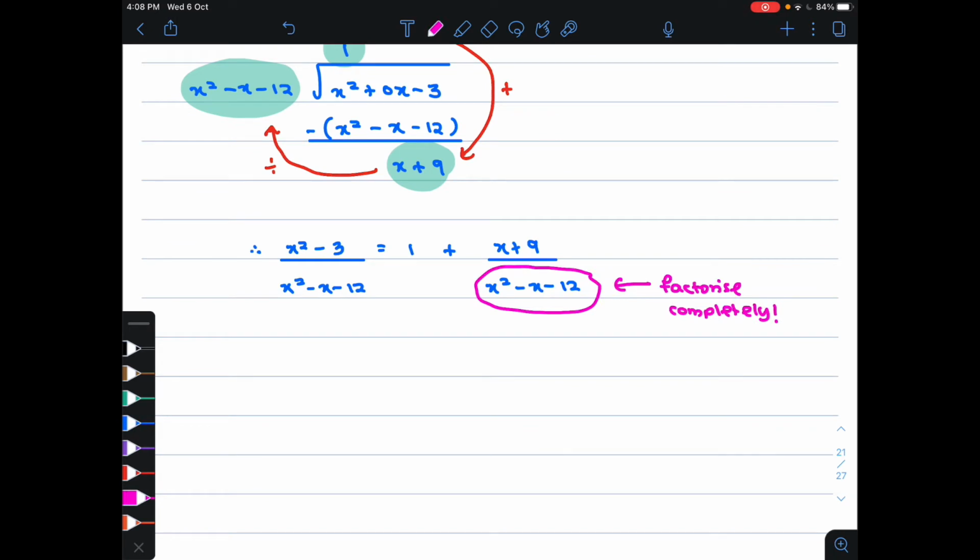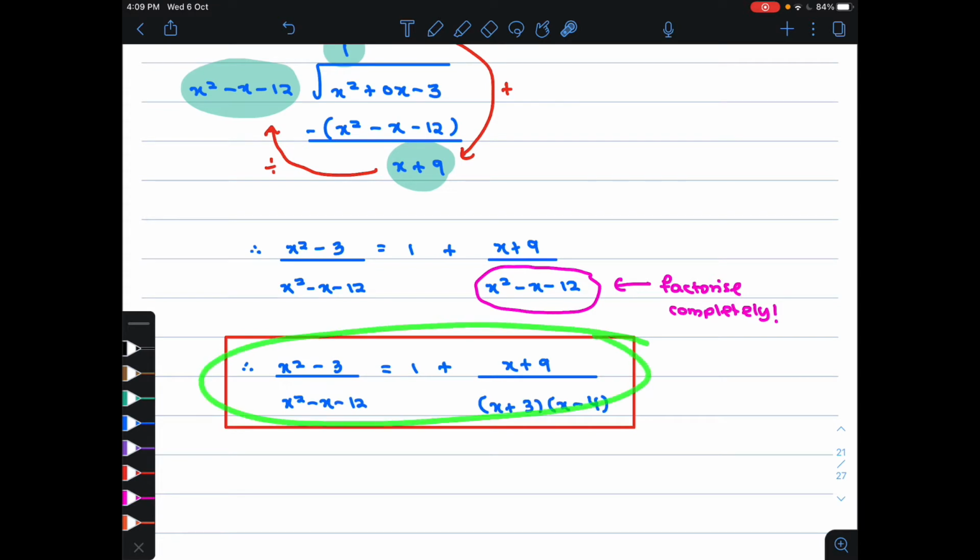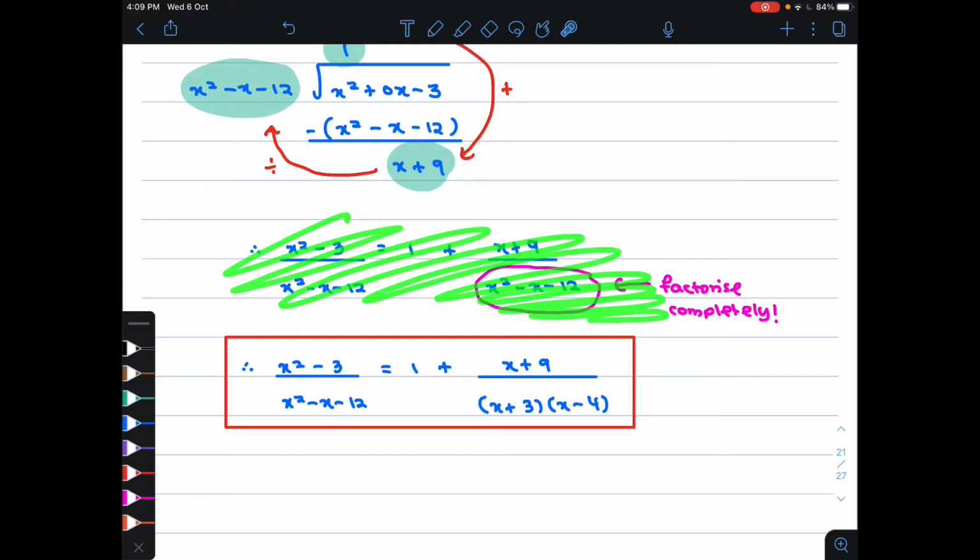Don't forget, we must factorize the denominator completely. So you only need to look at this equation. There's no need for you to look at this equation anymore.